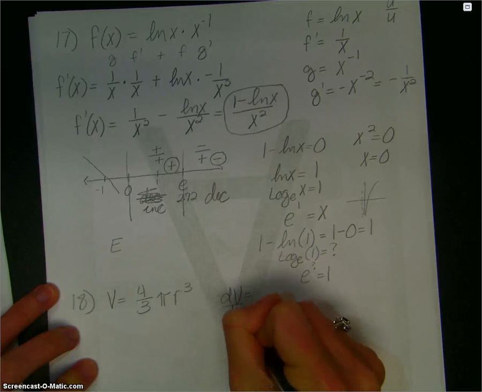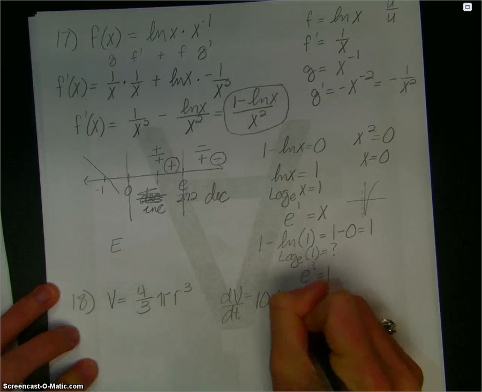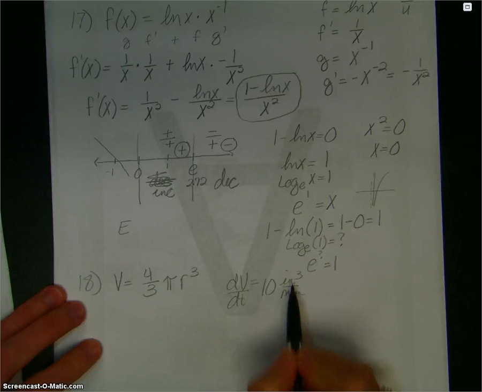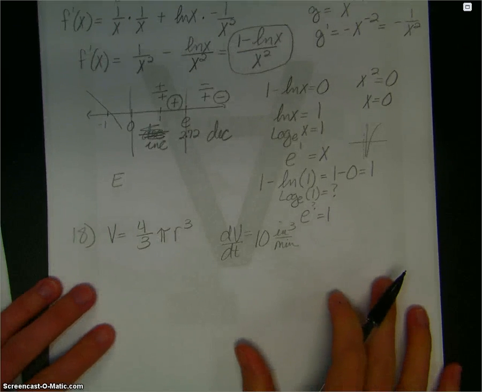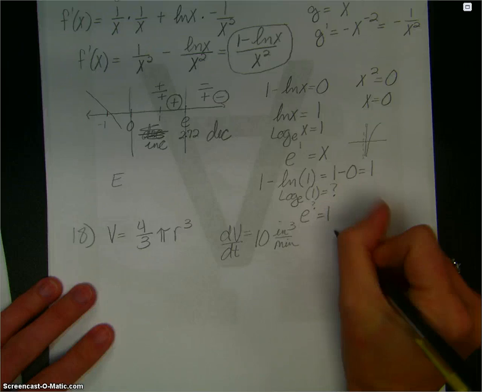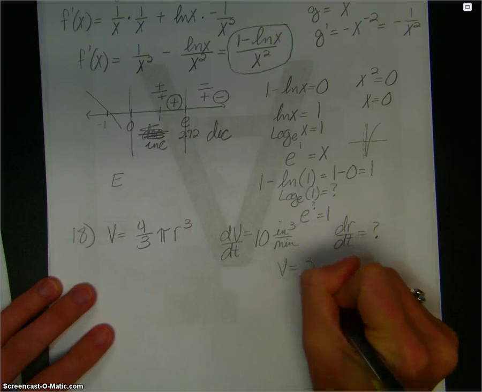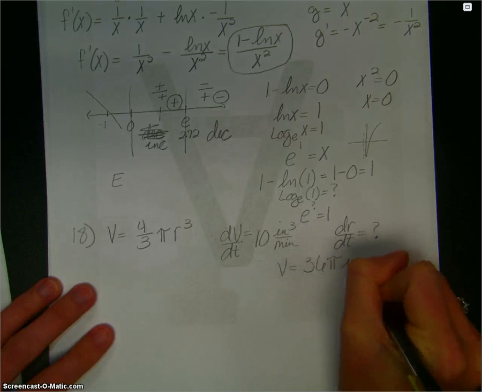So that's a rate of 10 inches cubed per minute. Okay, if they hadn't told me that that was the rate of the volume, I would still know because of the cubic inches right there. And I want to know how fast is the radius increasing, so dr/dt is what I'm looking for, when the volume is 36 pi inches cubed.